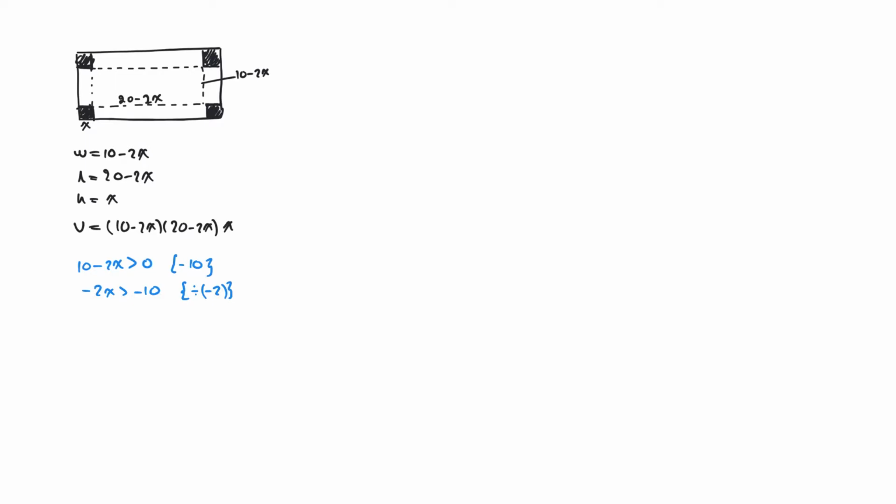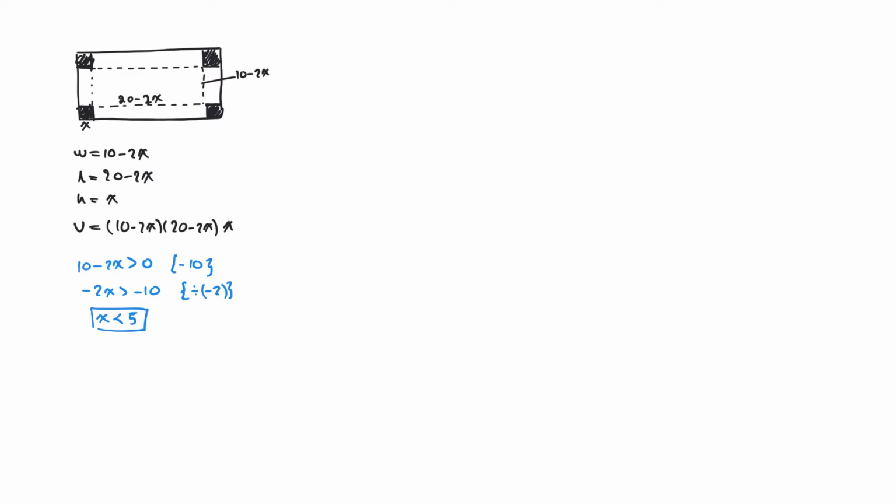And because this is an inequality, we have to change our sign. Negative 2 divided by negative 2 is 1, and negative 10 divided by negative 2 is positive 5. So we get that x has to be smaller than 5. That's one of the limitations: our cutout length has to be less than 5.